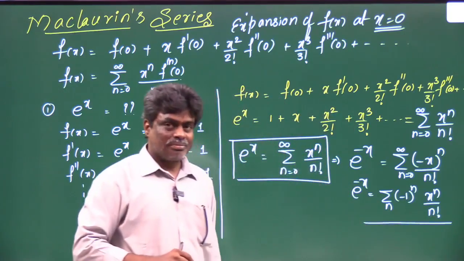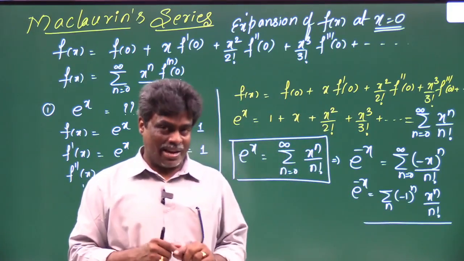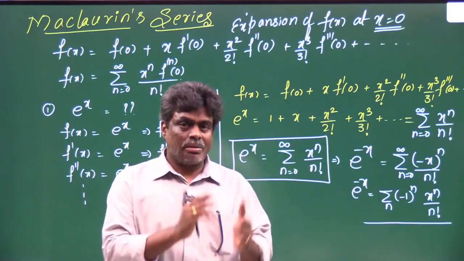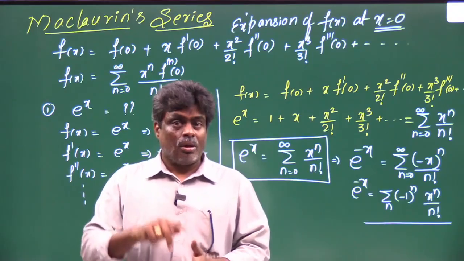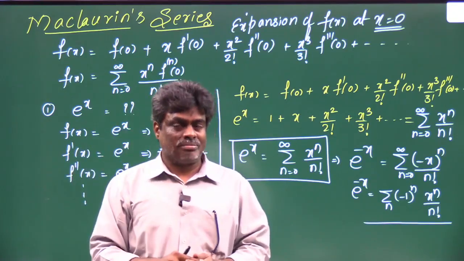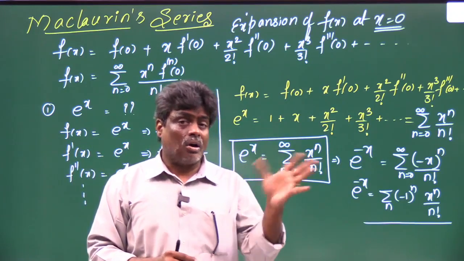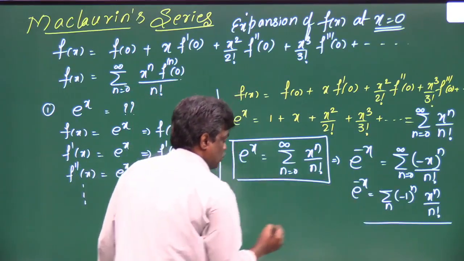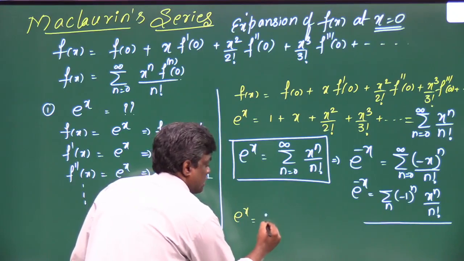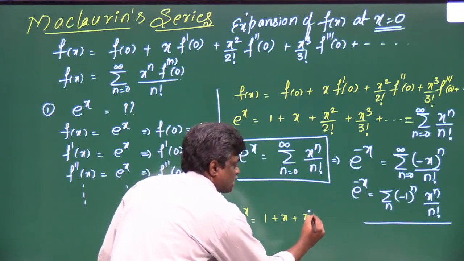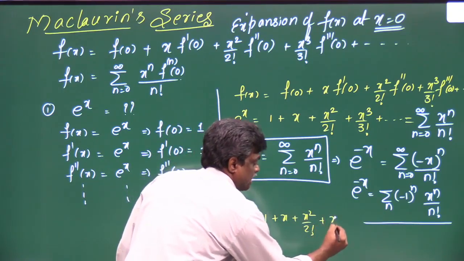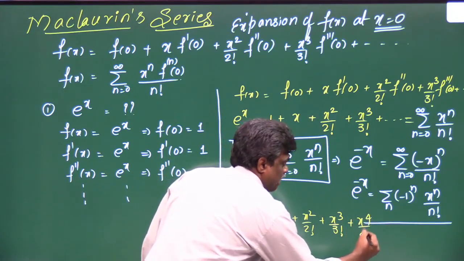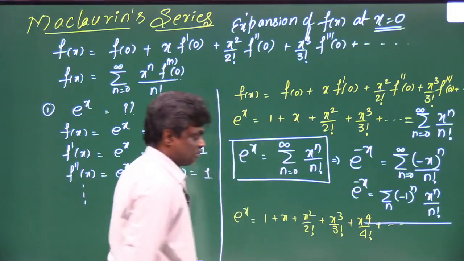I told you, if you have minus 1 whole power n, odd terms are minus and even terms are plus. That means alternate plus minus. If you have minus 1 whole power n plus 1, even terms are minus and odd terms are plus. That's it. So finally, we got these two expressions. e raised to x equal to 1 plus x plus x square by 2 factorial plus x cube by 3 factorial plus x power 4 by 4 factorial, and so on.